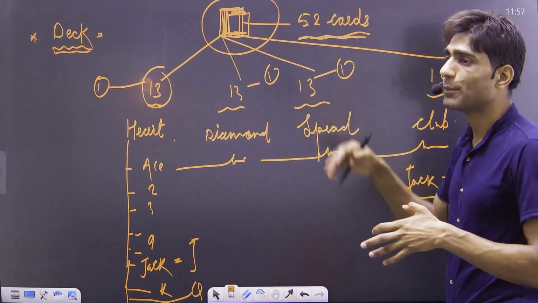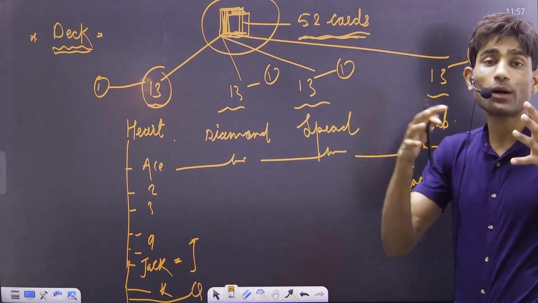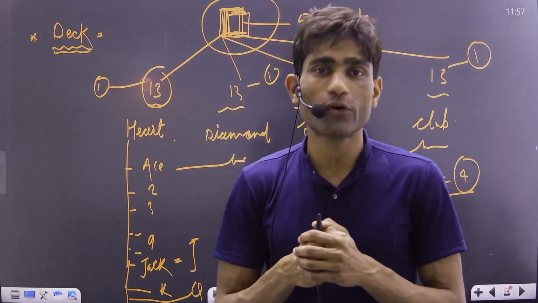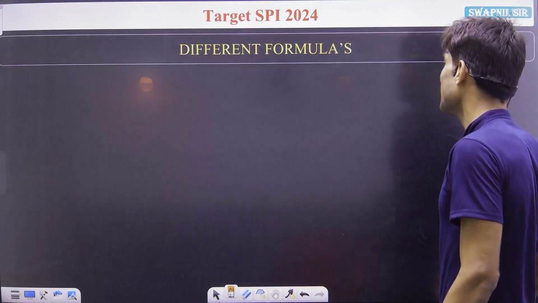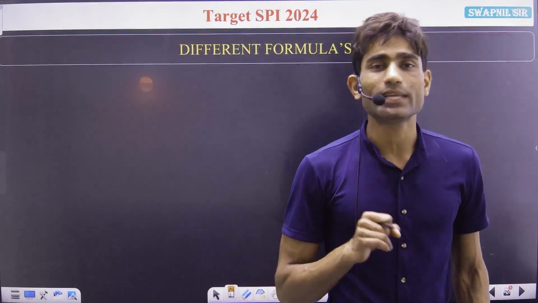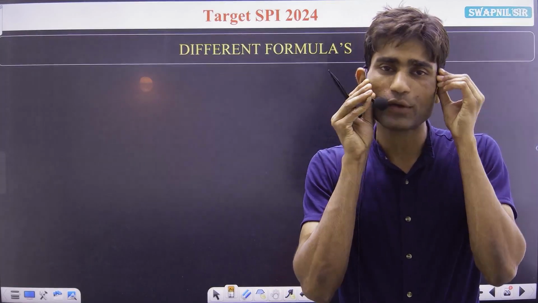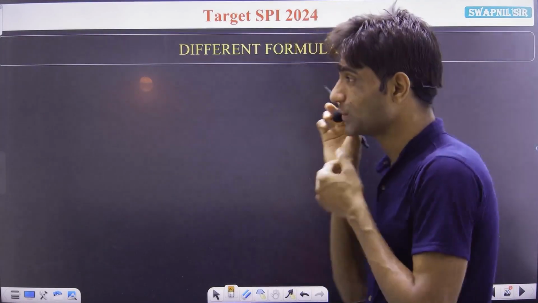So that's it about the basic concepts that we want in probability. Let me explain some of the formulas that are important for the further examples. Based on these basic events, we go for the basic formulas and multiple choice questions.